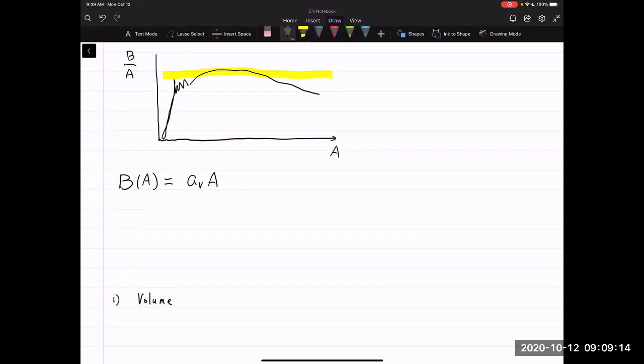So the total amount of energy is nothing but proportional to the total amount of matter inside the nucleus, or the total number of nucleons. So B is proportional to A. We see this comes from the fact that B over A is roughly a constant.